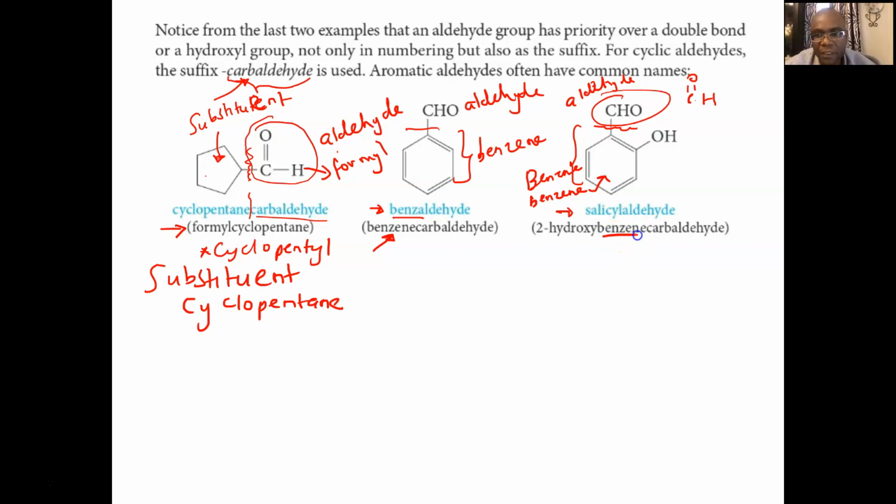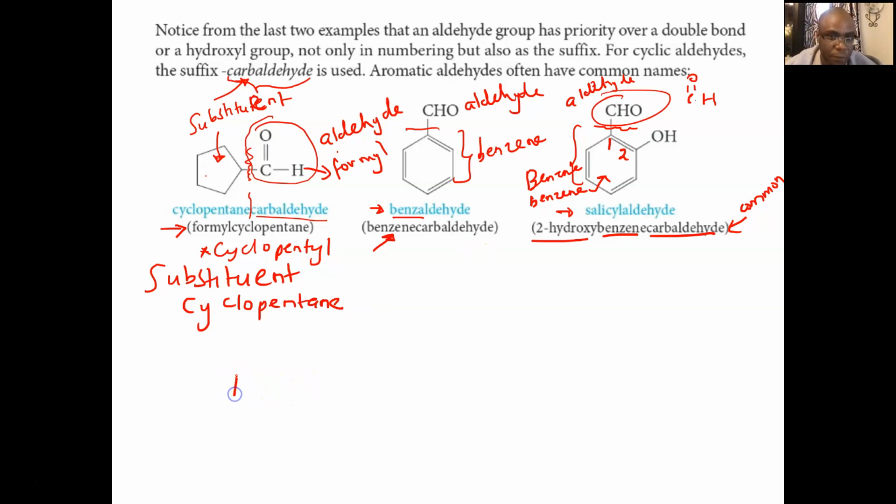So you have benzene carbaldehyde because again it's a ring, but then the OH is on the second carbon, so 2-hydroxybenzene carbaldehyde. For the common name, it will be salicylaldehyde because it comes from salicylic acid. And so forth.